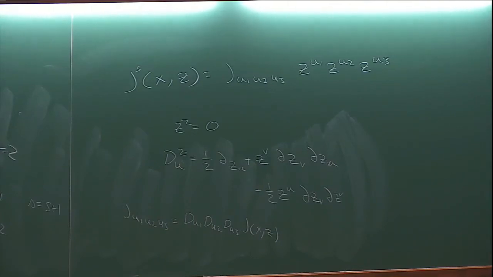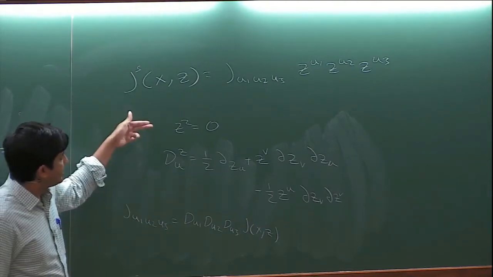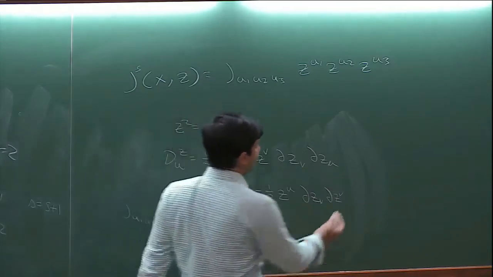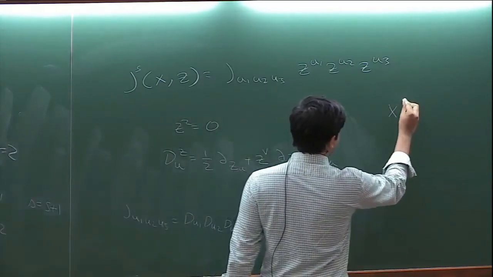Okay, and since z is null, it's even simpler if we take z to be a particular null vector, which I take to be in the so-called minus direction, or the plus direction.